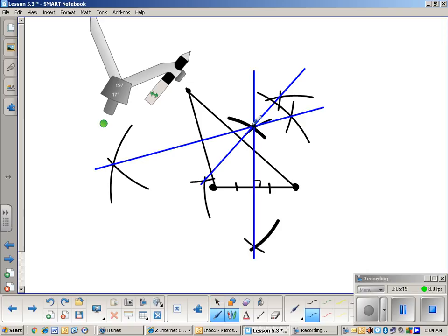Find out that all three of them meet right there. Okay? So those are the perpendicular bisectors. We took time a few weeks ago to practice constructing perpendicular bisectors. Meaning all these blue lines are perpendicular and they bisect these sides of the triangle.